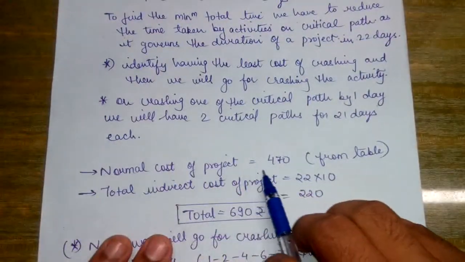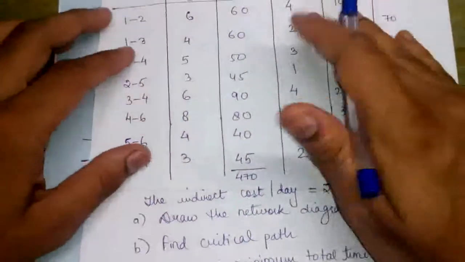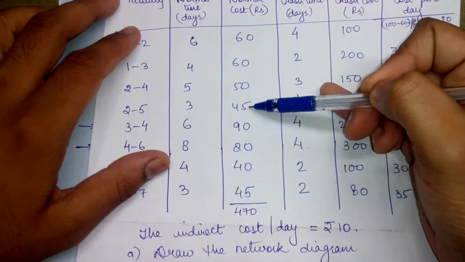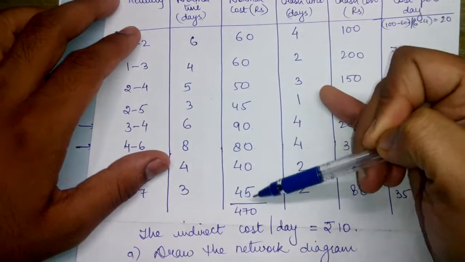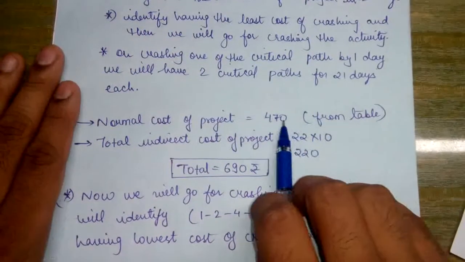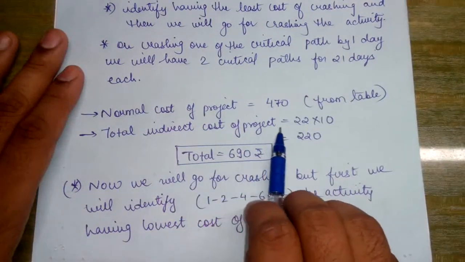So the normal cost of the project can be simply evaluated by adding this column: 60 plus 60 plus 50 plus 45 plus 90 plus 80 plus 40 plus 45. It is coming out to be 470. So this I have written from the table. Now total indirect cost of the project.